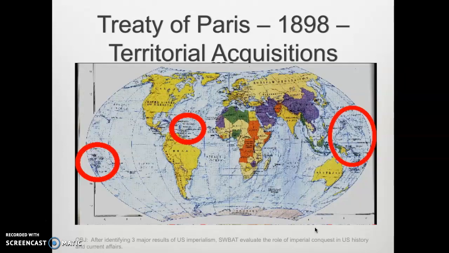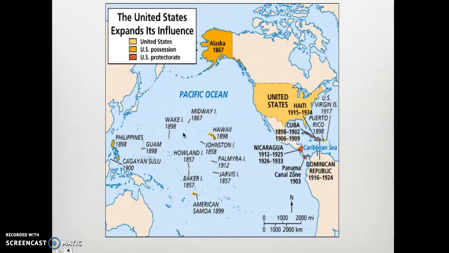But after the Spanish-American War, the United States acquires regions all over the world. So Pacific islands in the South Pacific like Guam, and the Philippines Islands, and also areas in Latin America. Here we can see all the different Pacific Islands that America had expanded its control into, and places in the Caribbean and the Panama Canal Zone that America had some exclusive control over in the early 1900s.